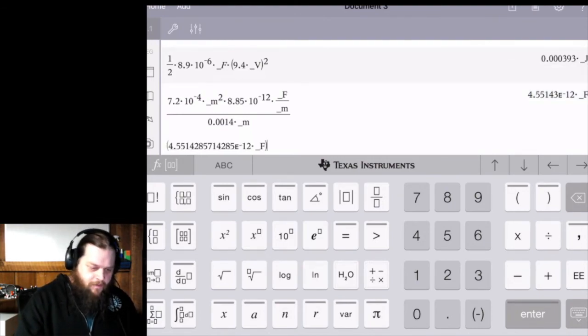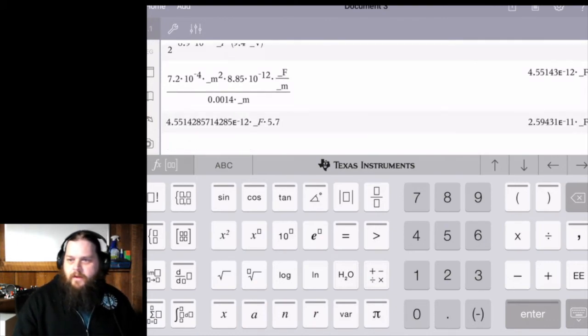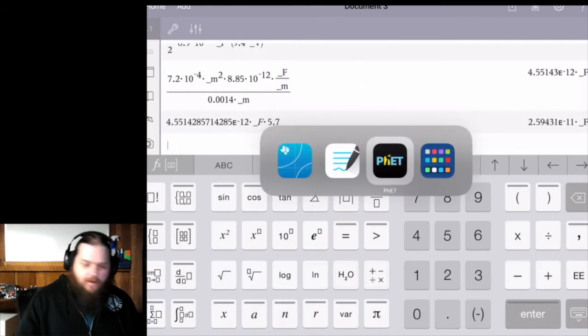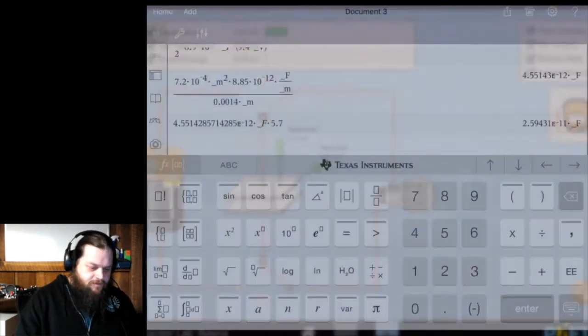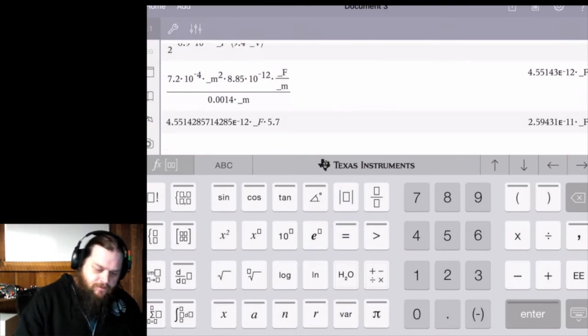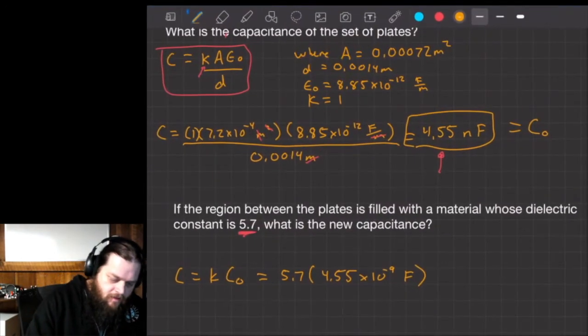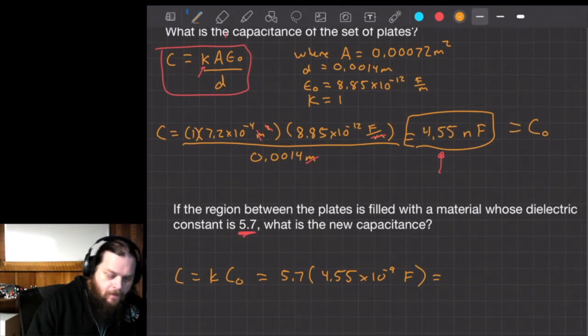Grabbing that one and multiplying it by 5.7. We get 2.59 times 10 to the negative 11 farad. I'll just say 2.6 times 10 to the negative 11 farad.